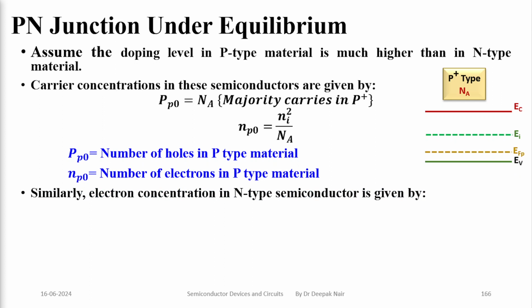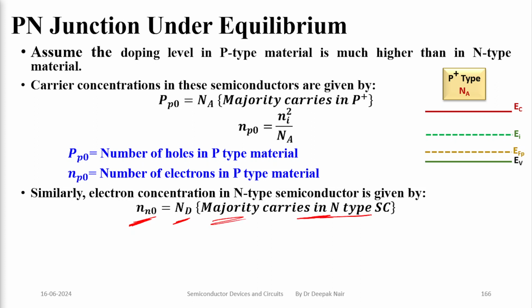Now let us talk about n-type semiconductor. Here the electron concentration in n-type semiconductor can be given by Nn naught, which is equal to Nd, where D represents the number of donor atoms. So Nn naught is the majority carriers, or majority electrons, in n-type semiconductor. Similarly, the minority carriers in n-type semiconductor are given by Pn naught, which is equal to Ni square upon Nd.